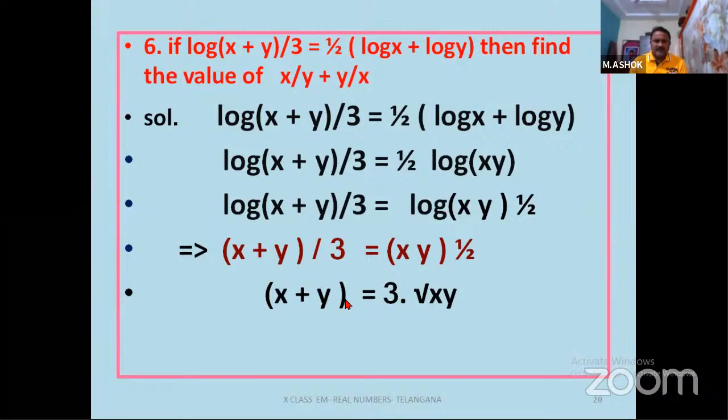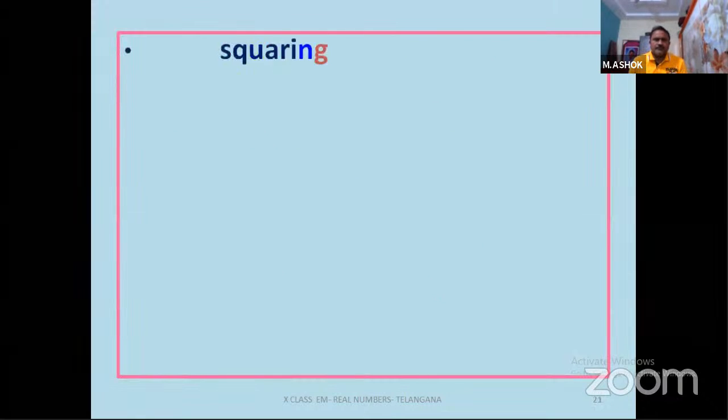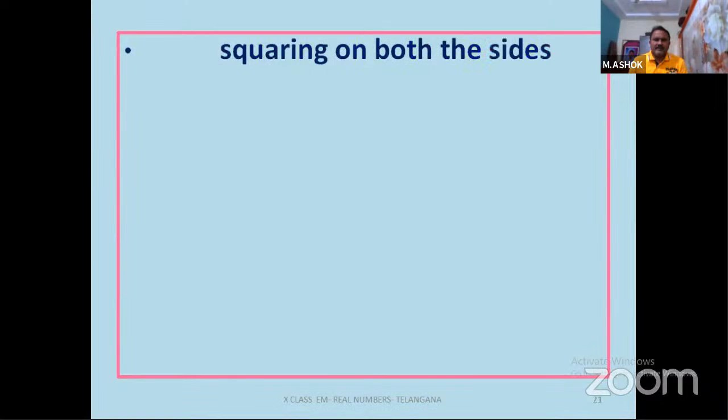So x plus y is equal to 3 into root xy. Now squaring on both the sides, that becomes (x plus y) whole square is equal to (3 into root xy) whole square.